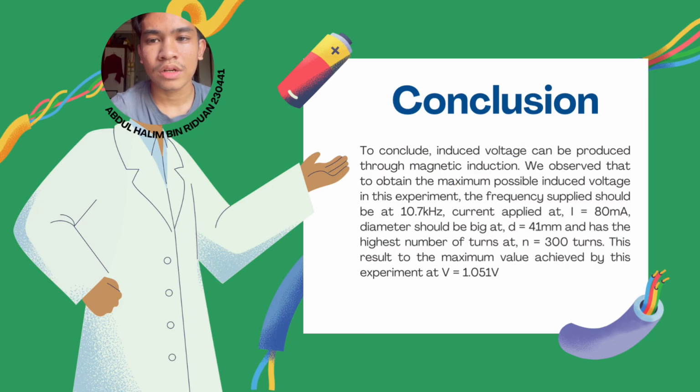Okay, we are in the conclusion section. To conclude, induced voltage can be produced through magnetic induction. We observe that to obtain the maximum possible induced voltage in this experiment, the frequency should be supplied at 10.7 kHz, current applied at 30 mA, diameter should be at 41 mm and has the highest number of turns at 300 turns.